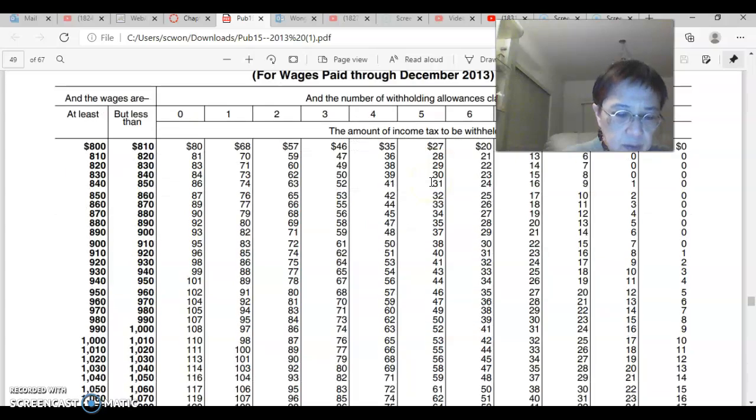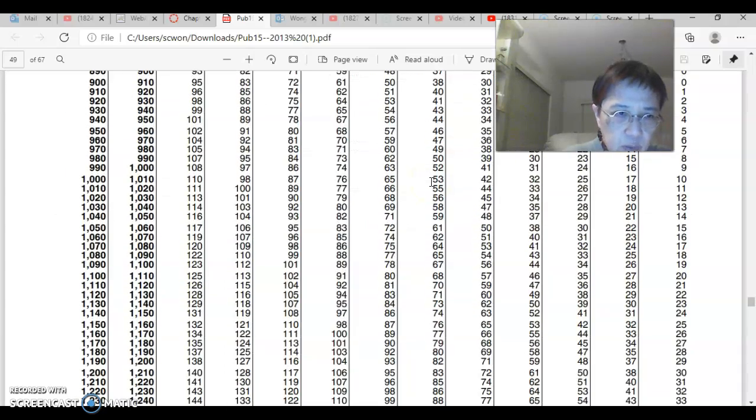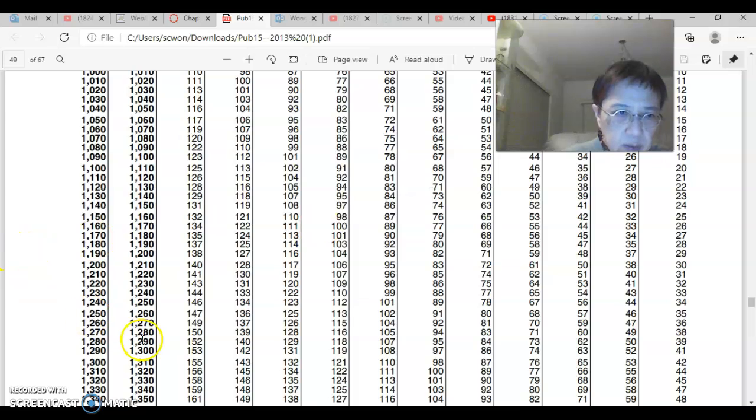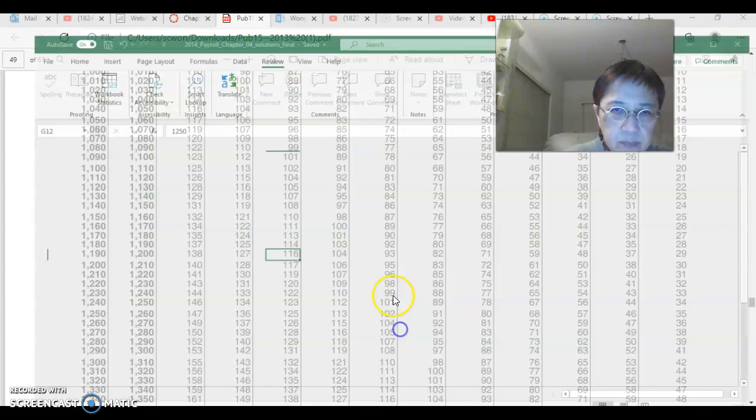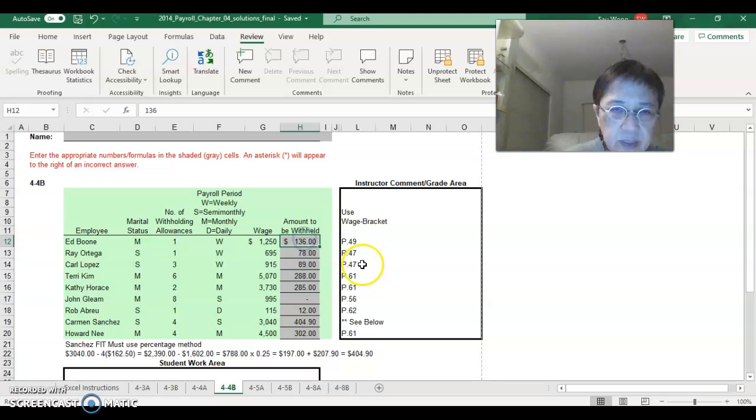Okay, and $1,250. Okay, it's at least 1,250. This is not less than 1,250. So at least 1,250, but below 1,260 with one withholding, 0, 1. So it's $136 federal income tax withholding. $136. Okay.